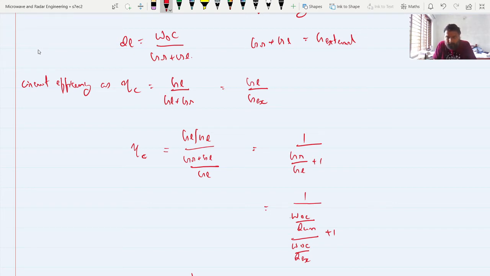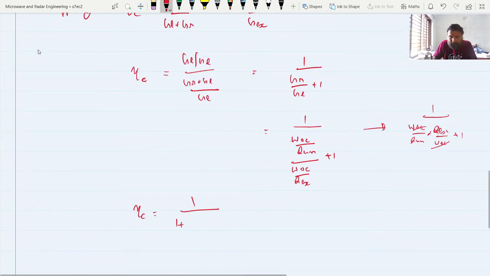So ultimately what happens? I can write this as 1 by omega naught c by Qn into Q external divided by omega naught c, plus 1. So this and this get cancelled.